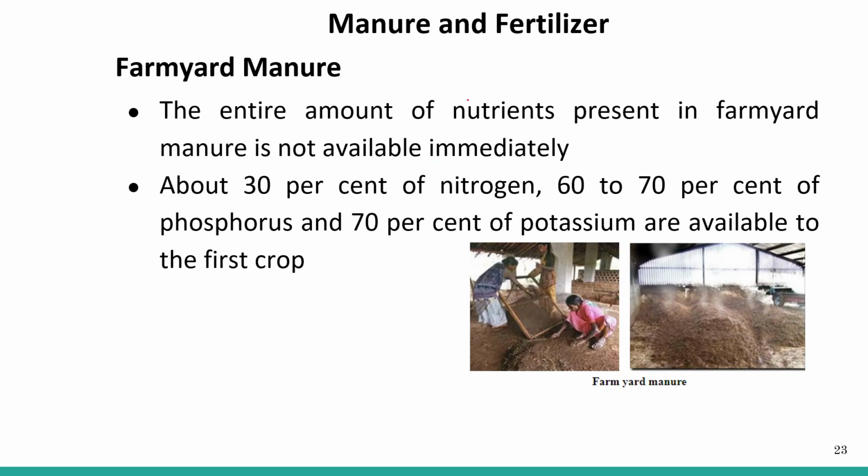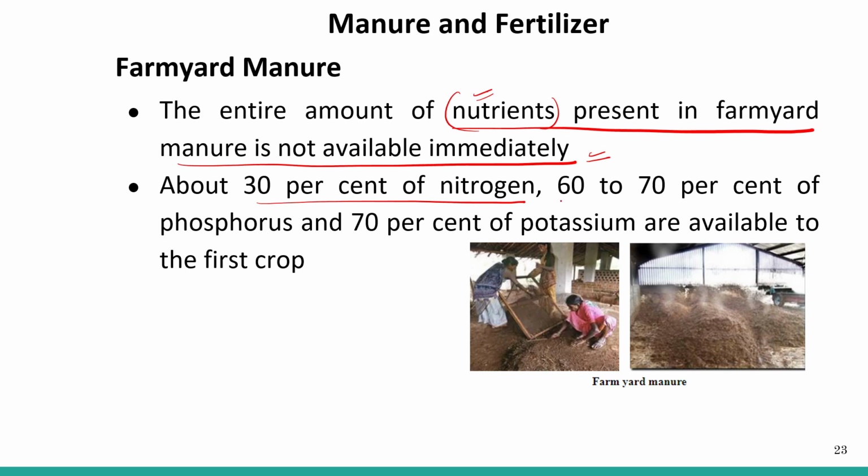The entire amount of nutrients present in the farmyard manure is not available immediately. About 30% of the nitrogen, 60 to 70% of the phosphorus, and 70% of the potassium are available to the first crop.